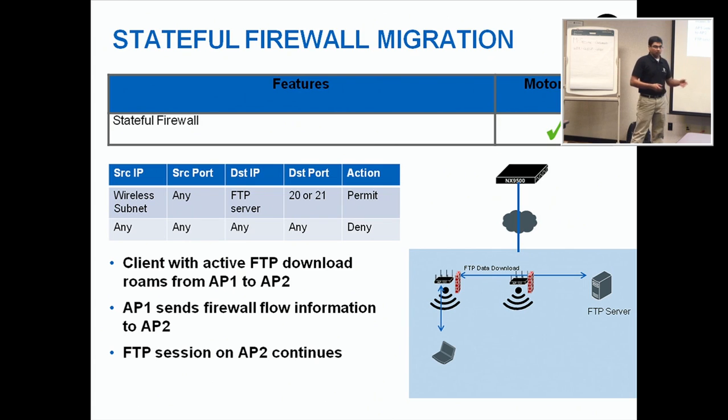AP2 doesn't have a clue what ports are open. So what happens when a client roams from AP1 to AP2? We have a feature called firewall flow migration, where AP2 queries for any existing flows for that particular client, and AP1 sends all the firewall flow information back to AP2, so that way your FTP still continues.